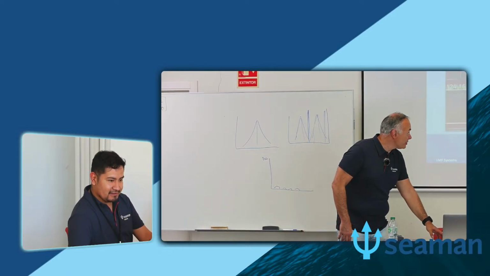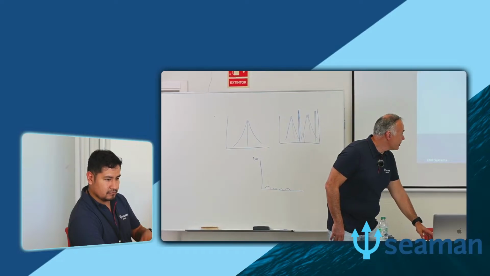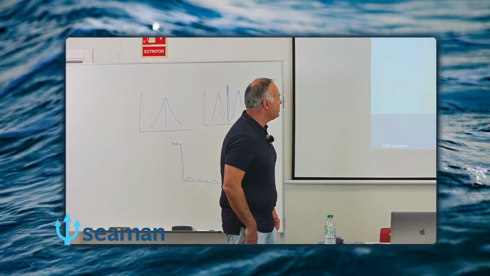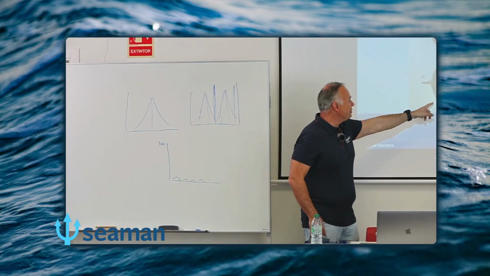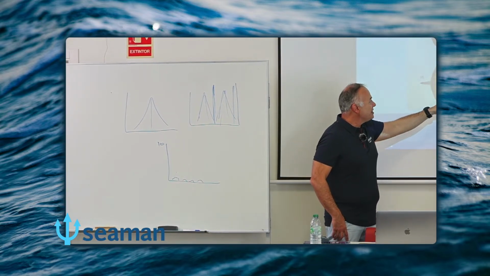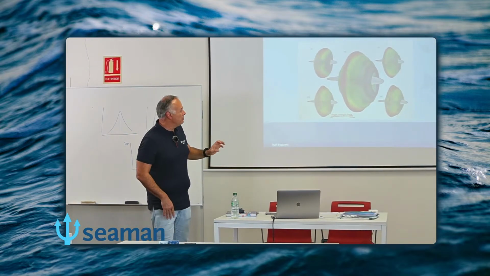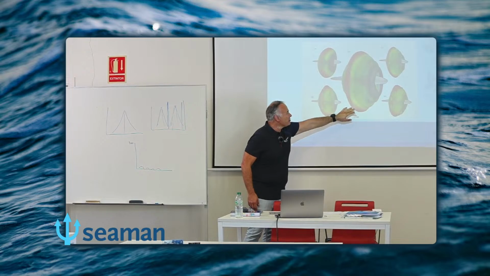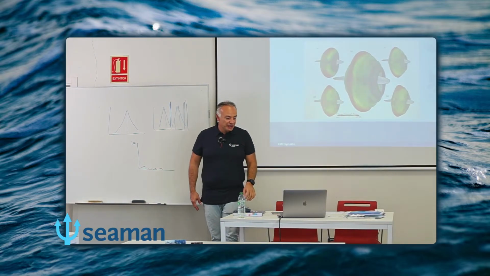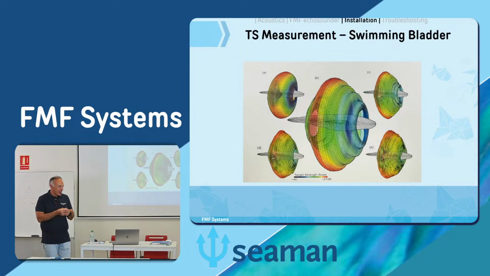You measure this tiny... Oh, here is a good one. This is a model of the swim bladder, and you see the red ring here is the place where the swim bladder is. The biggest value in TS reflection is where the swim bladder is, and what you measure is that tiny gas-filled sac inside the fish.